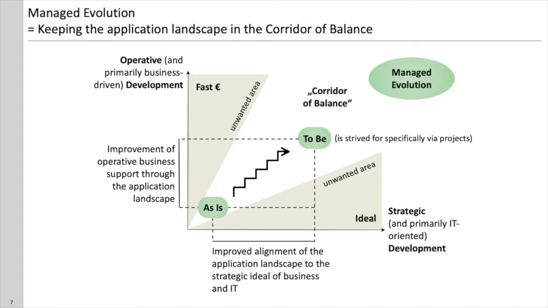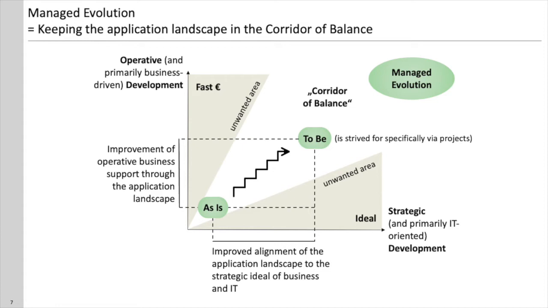But if we only do this, if we only move in this direction, very fast we go into that unwanted area where it becomes more and more hard to improve the operative business support through IT. And this is when the business side tells us that everything takes so long and it's so expensive, and why is everything so expensive and so on.